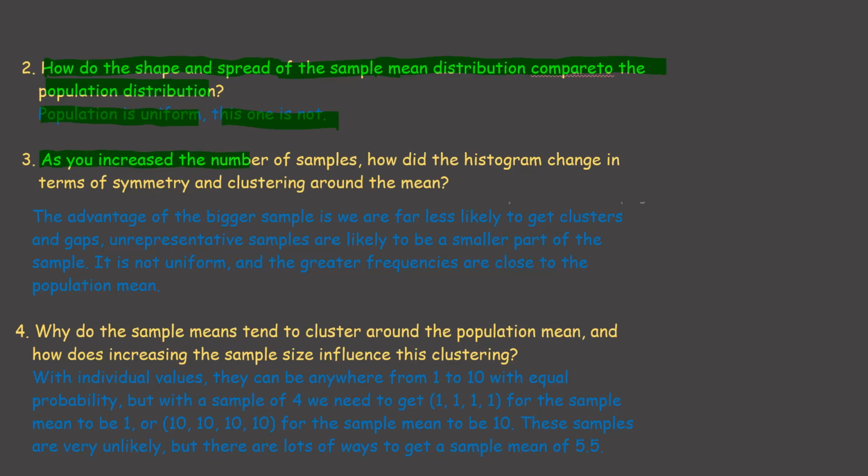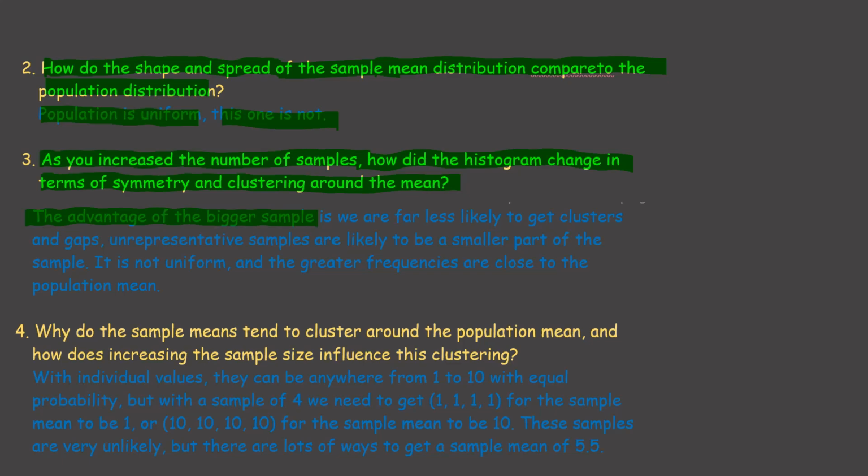As you increase the number of samples, how did the histogram change in terms of symmetry and clustering around the mean? And the advantage of the bigger sample, notice when I say the bigger sample, we're using n equals 4 throughout here, so each individual sample is of 4. We're talking about a bigger sample of samples.